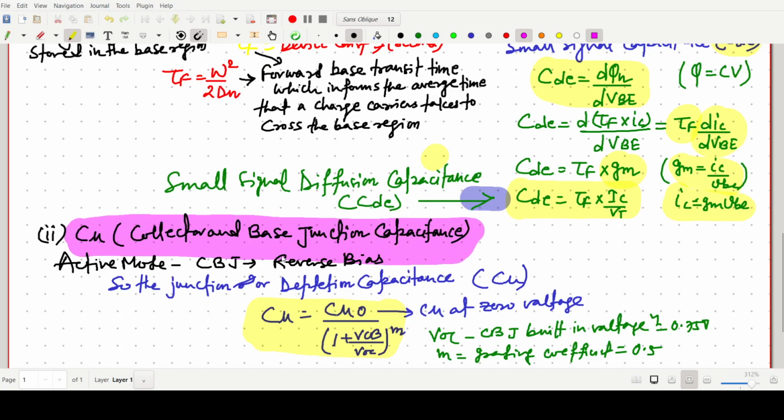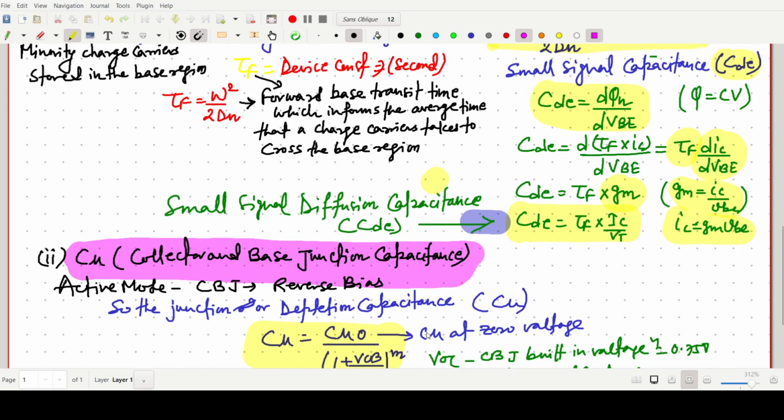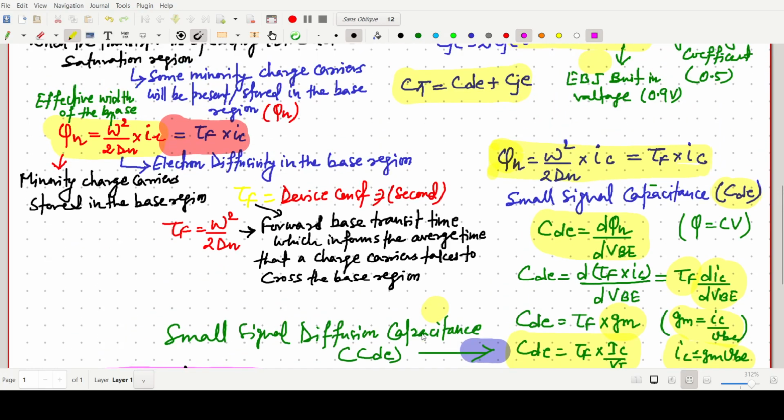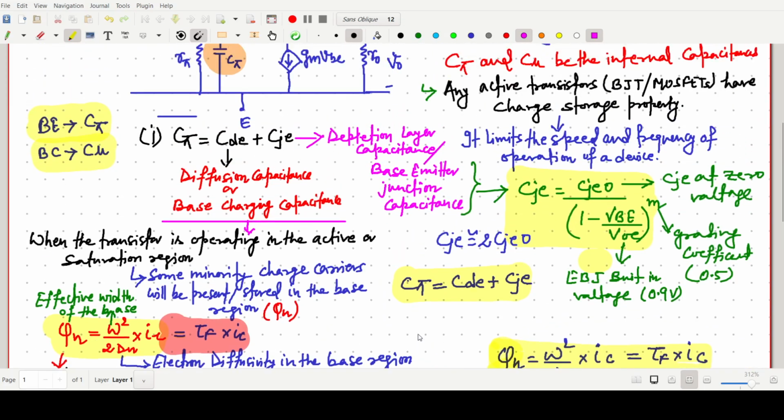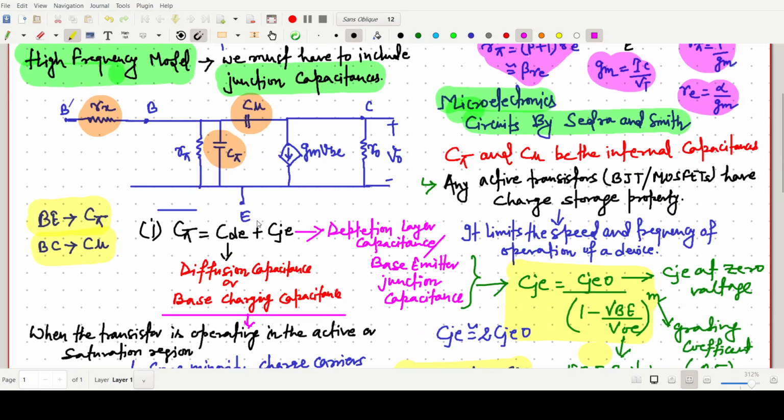In the high frequency model, C pi and C mu come together. So these are some important formulas that we have to know. The main diagram for the high frequency model has C pi and C mu, and there is one more term, RX.